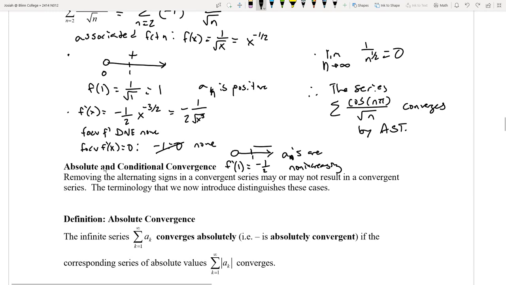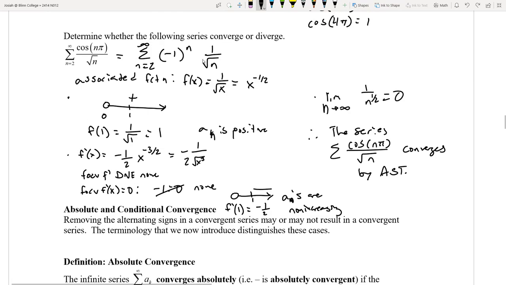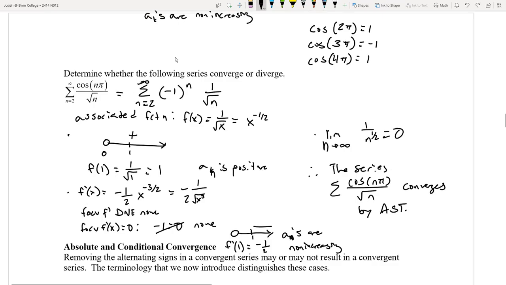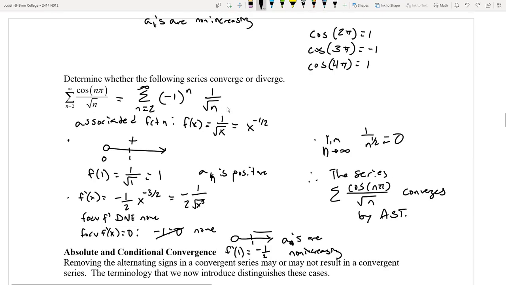Absolute and conditional convergence. If we take away the alternating signs, sometimes we'll end up with a convergent series, but sometimes we won't. So we'll use new terminology that distinguishes the cases. Are the a sub n's in this case strong enough to converge even if the alternation is gone? We can see that this is a p series, so definitely not, because p is too small.